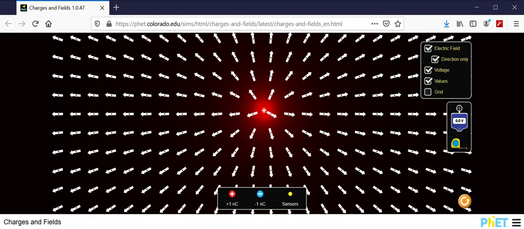So now, move the voltage box to different locations near the charge. This is the voltage probe box, and you see that the voltage changes as you move the box to different locations around the charge.